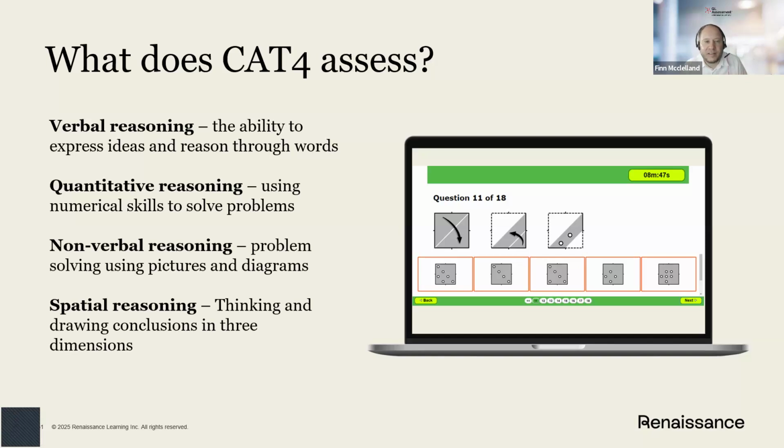A skill which is not easily measured by other data sets, but it is crucial for subjects which rely on spatial abilities, such as art, design, technology. And a crucial thing about CAT4 is that because it is validated every year and based on an analysis of 25,000 students, you know that the data you get from CAT4 is both accurate and reliable, trustworthy.